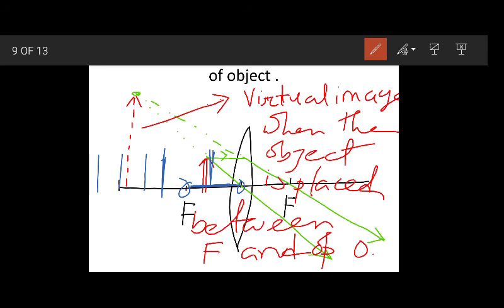So both types of image may be formed in a convex lens.